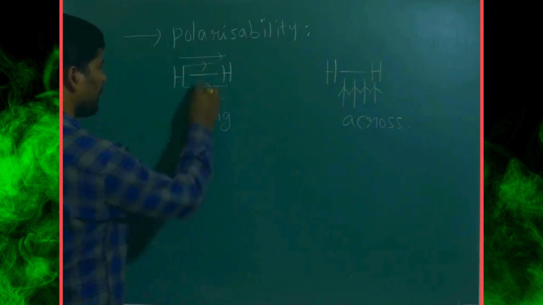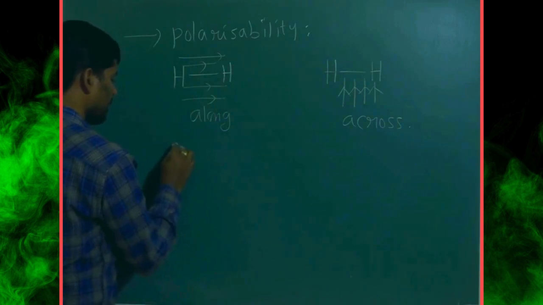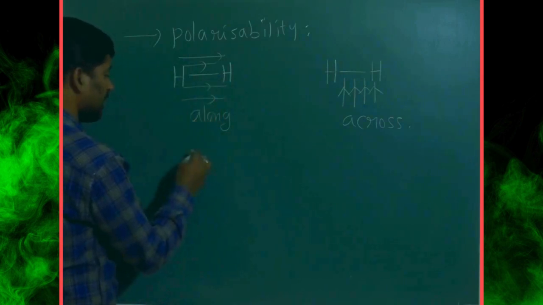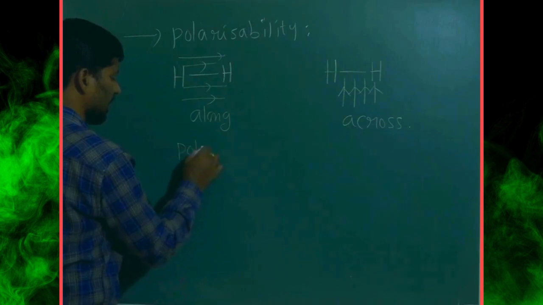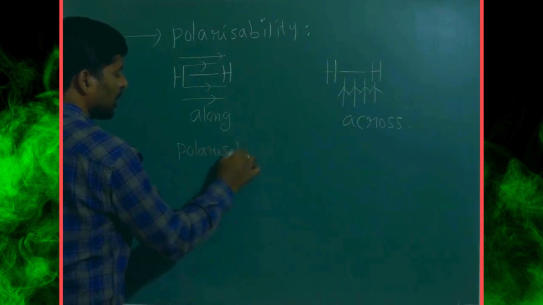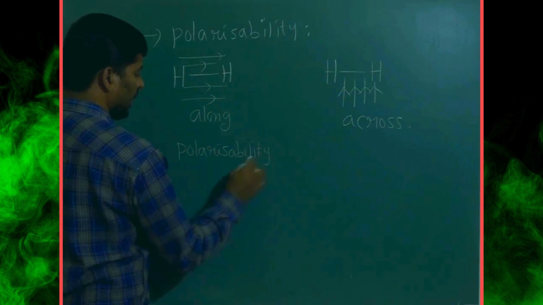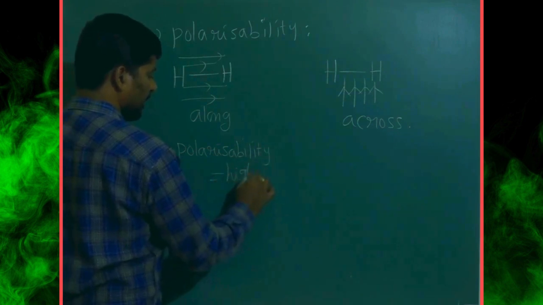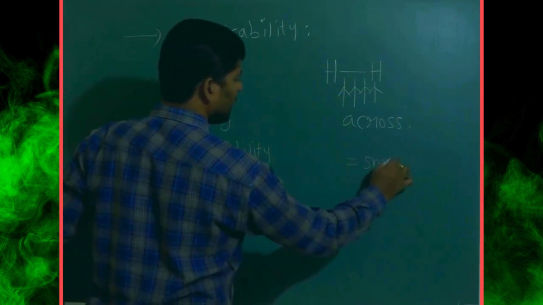We are taking the H2 molecule, a homonuclear diatomic molecule. Then what happens, if you see here, more dipoles are created. That means here polarizability is higher. It is observed that here polarizability is relatively high, whereas here polarizability is relatively small.